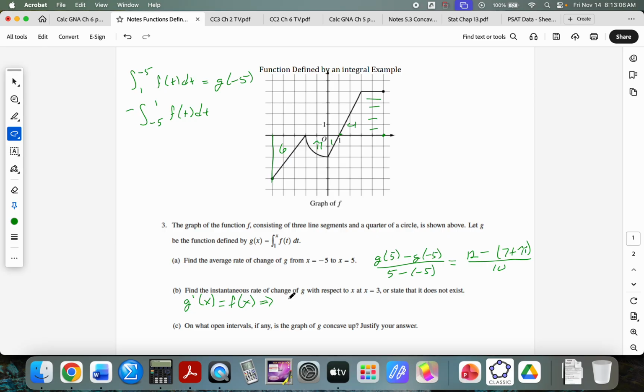So the instantaneous rate of change of g at x equals 3 is f at 3, which is 4, right?